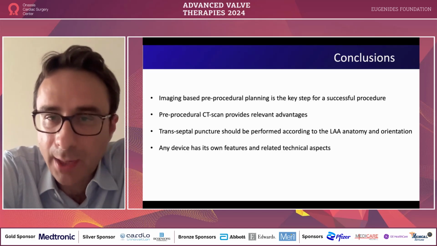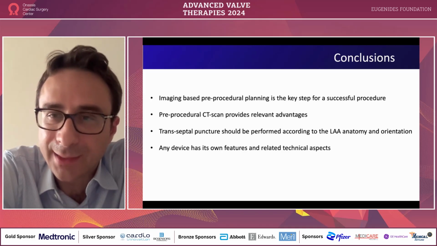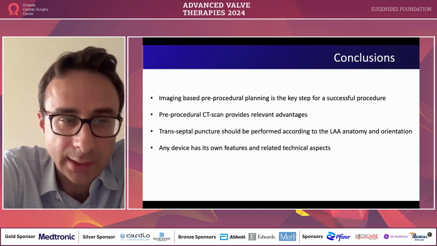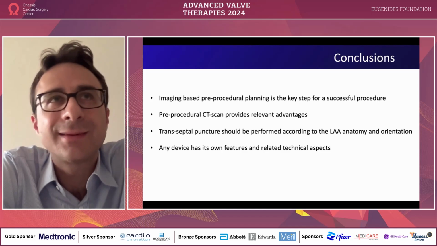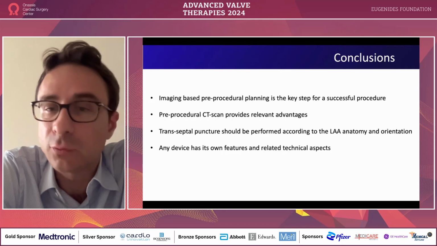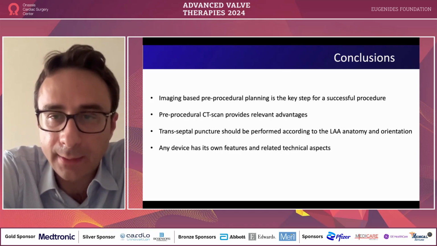The transseptal puncture should be performed taking into consideration the LAA morphology and its orientation, and if we cannot get a good alignment with our delivery system, we have to be ready to reconsider making the transseptal puncture at a different site.